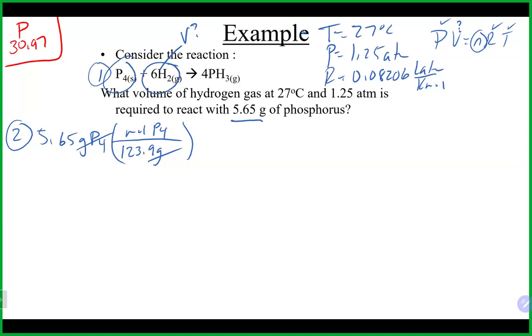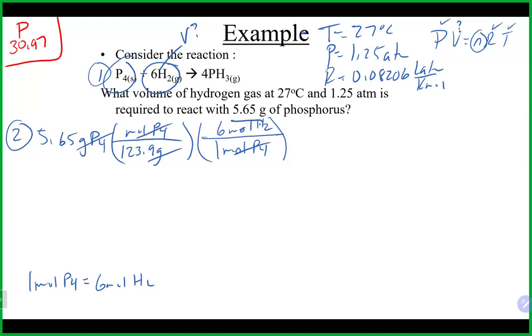From the equation, we can see that for every 1 mole of P4, we get 6 moles of H2. So that is what we will use next. 1 mole of our P4 on the bottom so that they cancel, and 6 moles of H2 up on top.